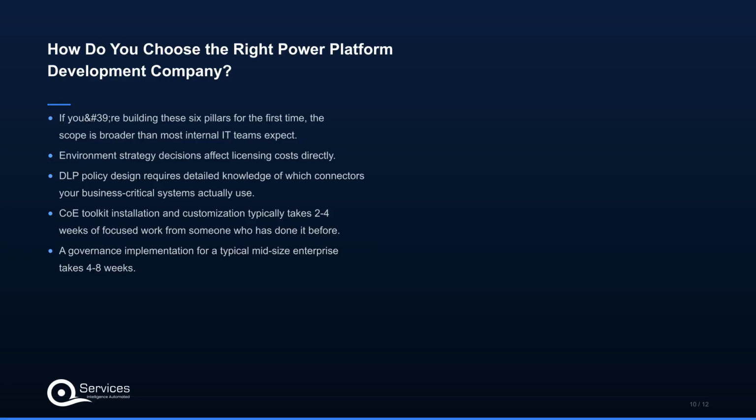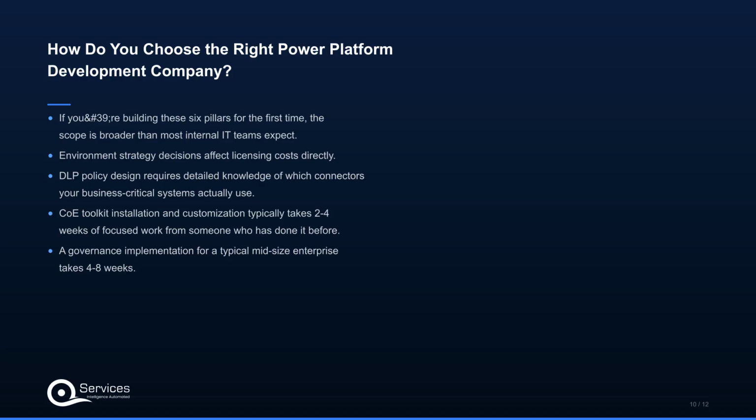If you're building these 6 pillars for the first time, the scope is broader than most internal IT teams expect. Environment strategy decisions affect licensing costs directly. DLP policy design requires detailed knowledge of which connectors your business-critical systems actually use. COE toolkit installation and customization typically takes 2 to 4 weeks of focused work from someone who has done it before.